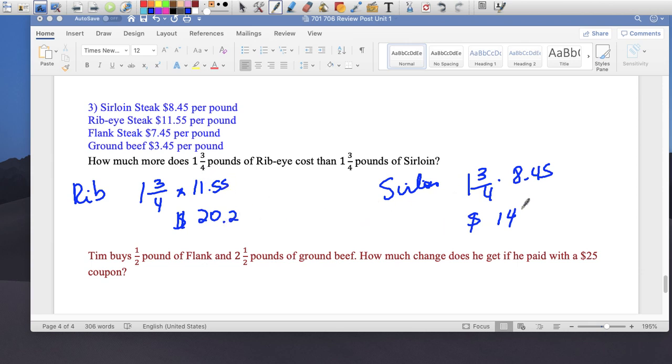Okay. The sirloin, okay, $14.79. Which was more expensive? This guy is more expensive. By how much? Well, let's subtract. 20.2 minus 14.79 is 5.41.